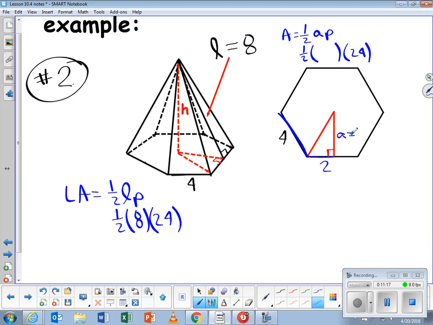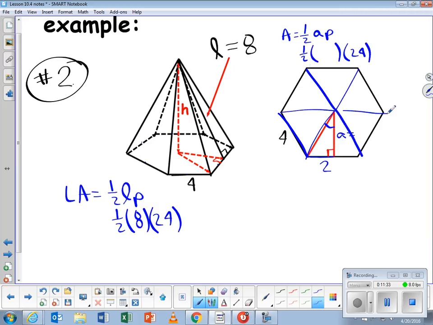Does anybody remember? We've done quite a few hexagons now. What is this angle going to be? 30 degrees, isn't it? And if you don't remember why, we could draw the rest of these in.